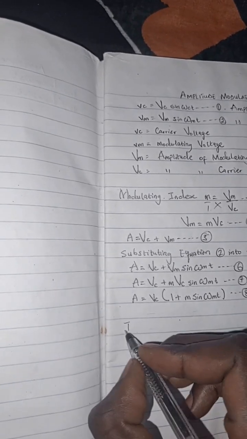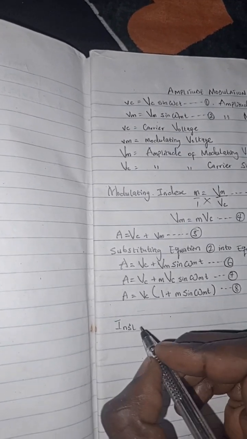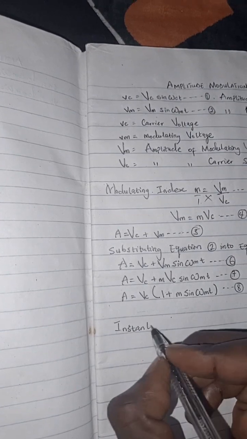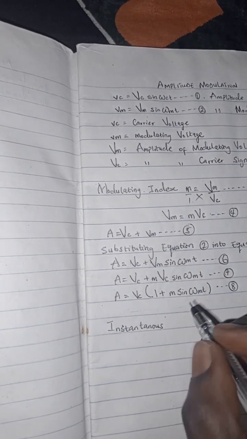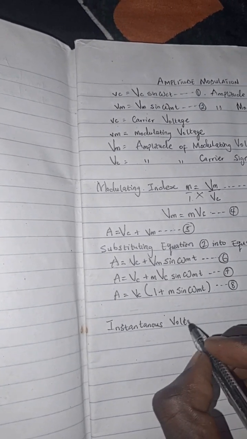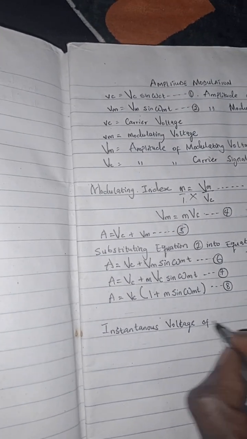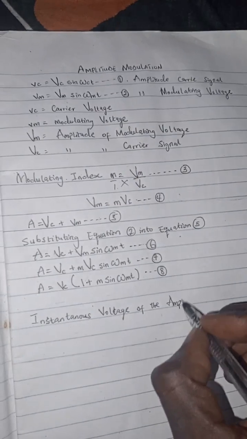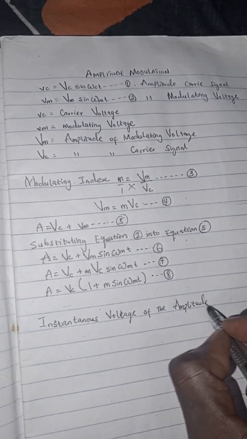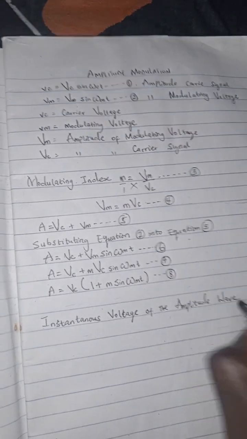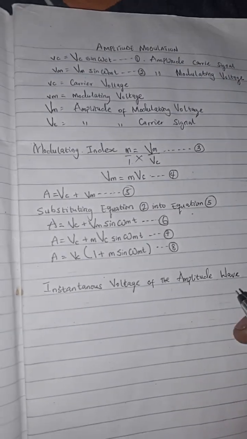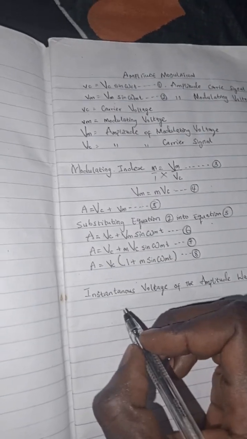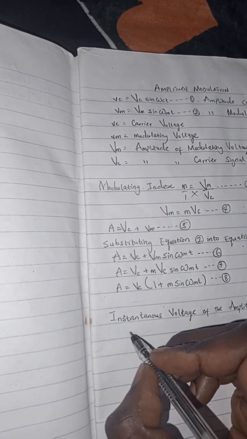So from our equation 8, there's another thing that is known as the instantaneous voltage of the amplitude wave. The instantaneous voltage of the amplitude wave is given by this equation that I'm about to write down.